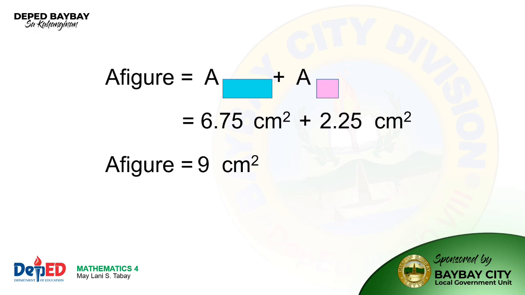Area of figure equals area of rectangle plus area of square equals 6.75 centimeters squared plus 2.25 centimeters squared. Area of figure is equal to 9 centimeters squared.